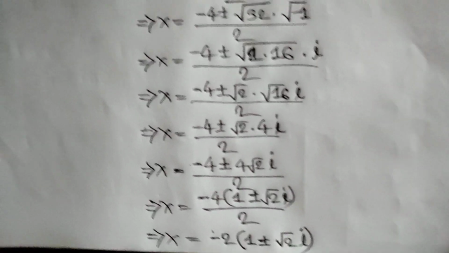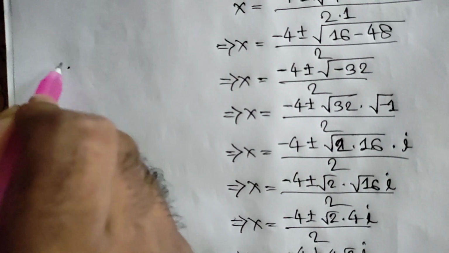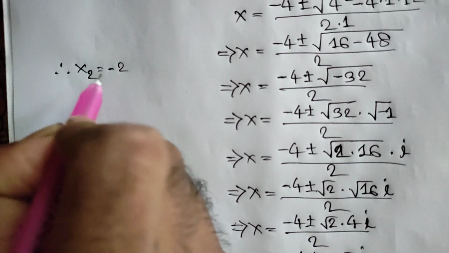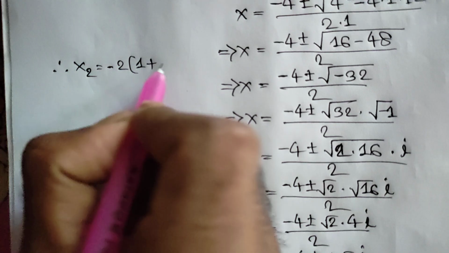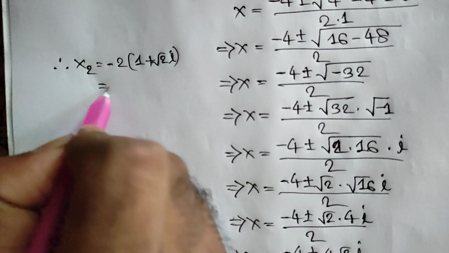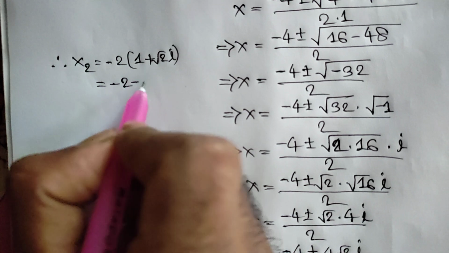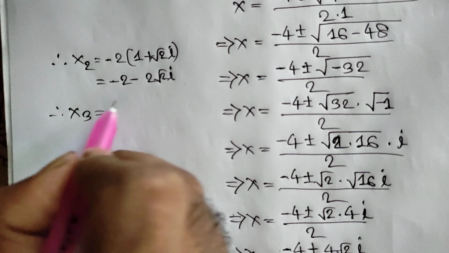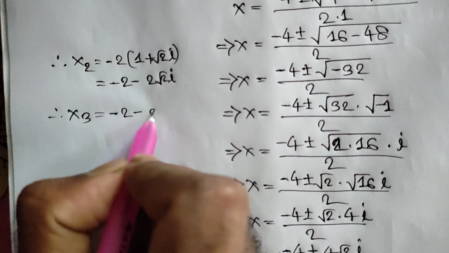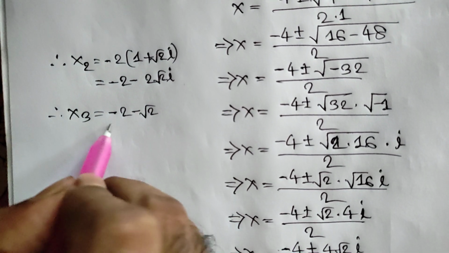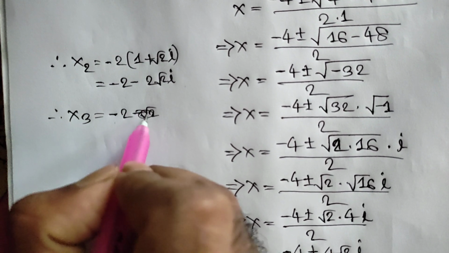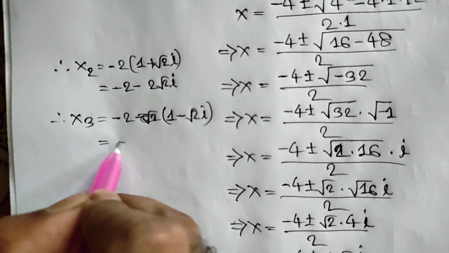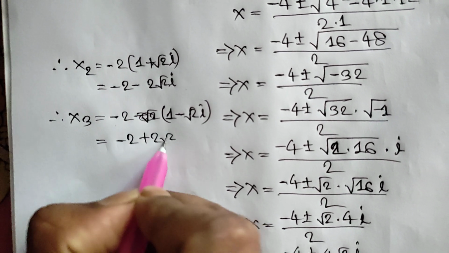There are two cases, so x2 is equal to minus 2 times 1 plus square root of 2 i, which is equal to minus 2 minus 2 square root of 2 i, and x3 is equal to minus 2 times 1 minus square root of 2 i, which is equal to minus 2 plus 2 square root of 2 i.